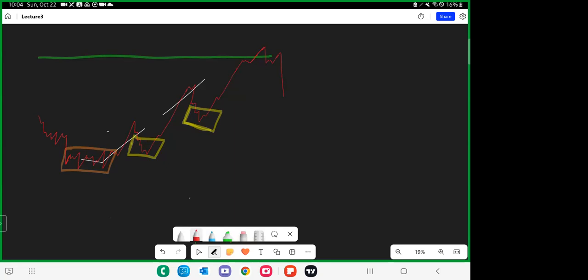What are we seeing? We're seeing now there's a difference. Discount arrays are not holding up. There's also a down close candle here. There's a down close candle here. There's an up close candle here. There's an up close candle here. Now I'm seeing changes in stated delivery from up close candles. Smart money reversal.